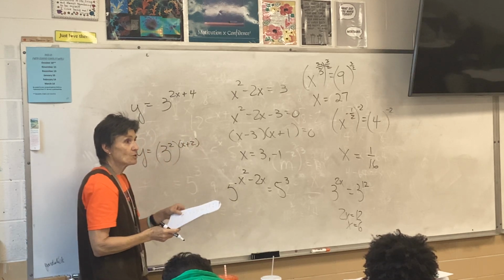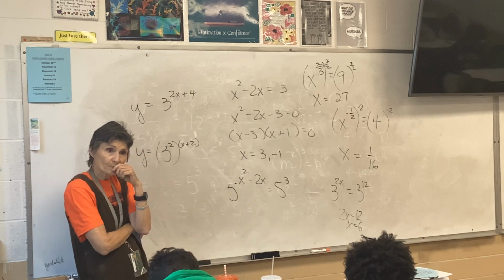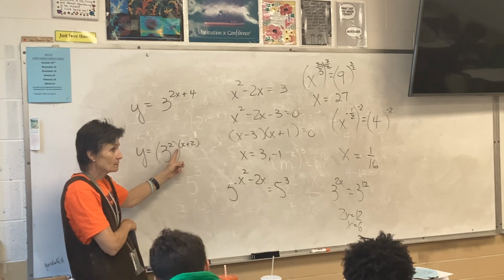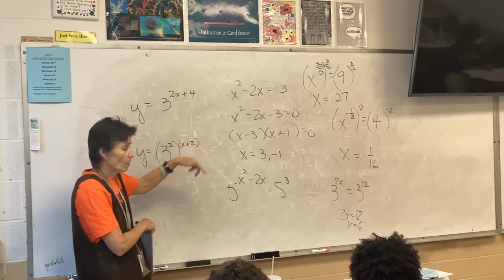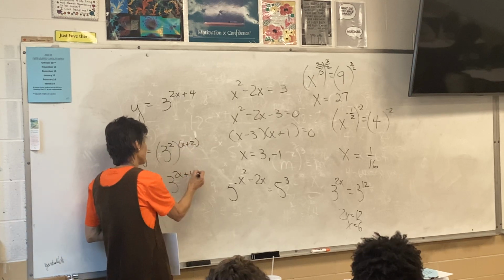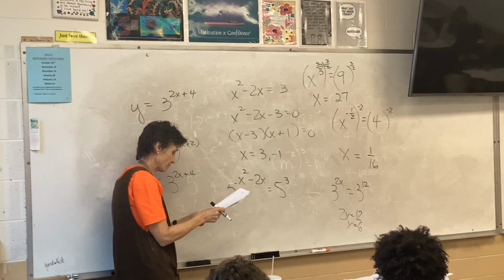So if I change that 9 to a 3 squared, then I have a double exponent. And what will I do with that double exponent? Multiply. So I think you are exactly right. A and C were the same.